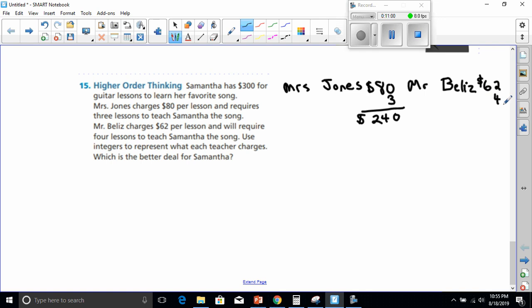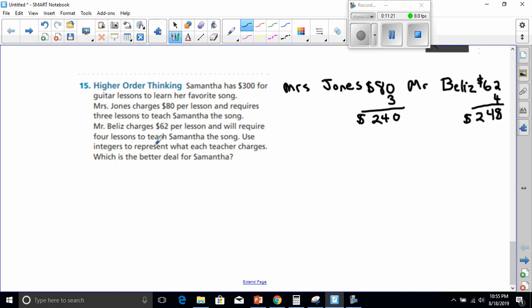So that's going to be multiplied by 4, right? Well, if we do that, we see that we got 4 times 2, and that's going to give us 8. And 4 times 6, which will give us 24. And we can see that's going to be $248.